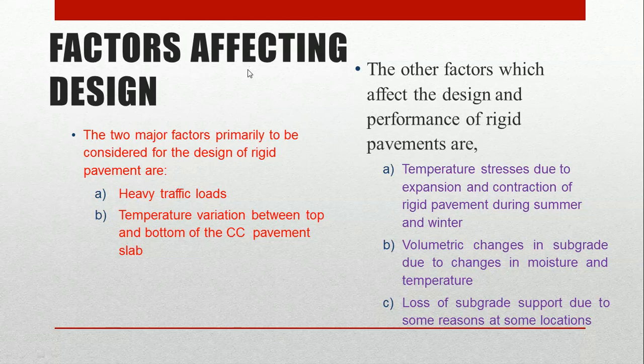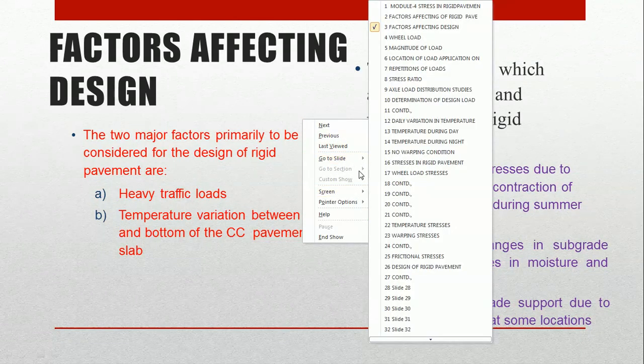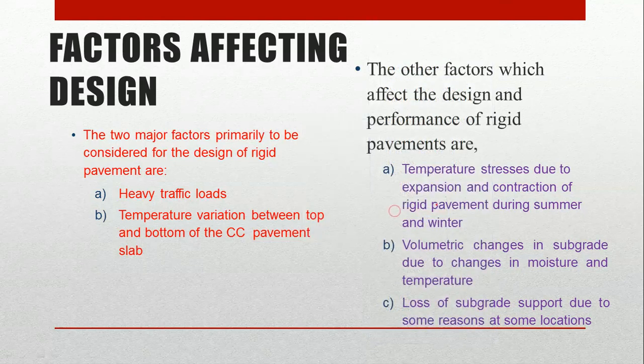Along with that, we need to consider the traffic volume. The most important factor for designing rigid pavement is the type of traffic load, that is heavy traffic load, and the variation of temperature is one of the important factors affecting the design of CC pavement.